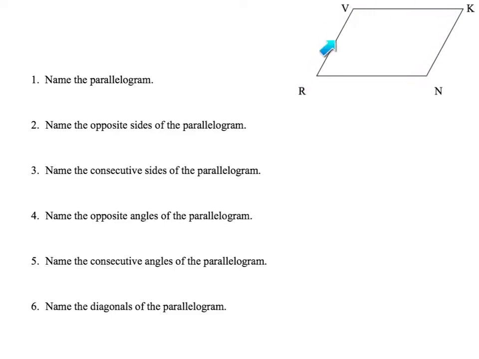I can't say R, V, N, K. I have to keep it in one continuous motion. So when I name this, I'm going to put the little parallelogram symbol down, and I will say R, V, K, N. I could also name it parallelogram NKVR. Any of those are going to work as long as you're not jumping around.